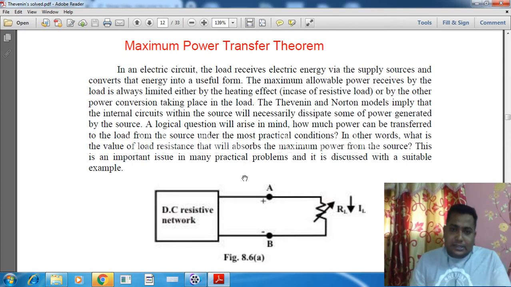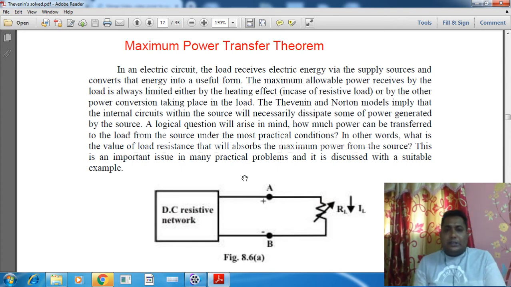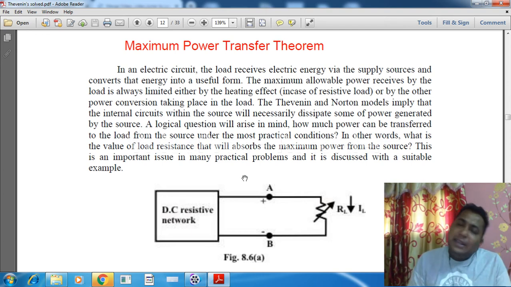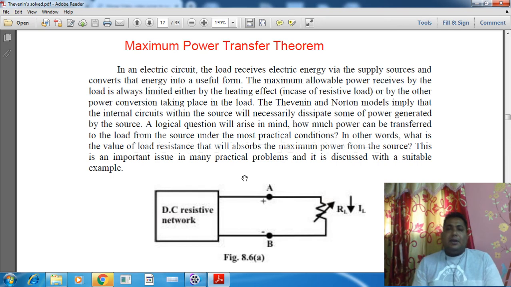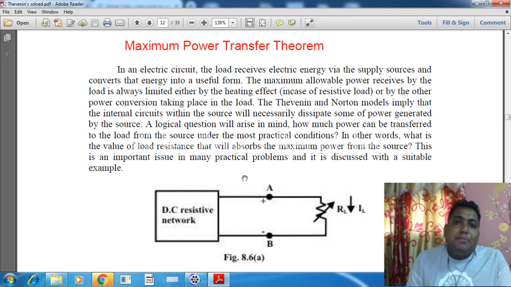We have already discussed how we can solve Thevenin's theorem in detail. Now the concept of the maximum power transfer theorem depends on the application of Thevenin's theorem. It is an application of Thevenin's theorem.